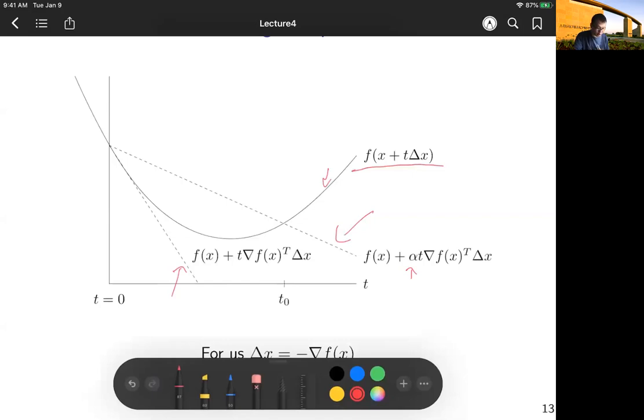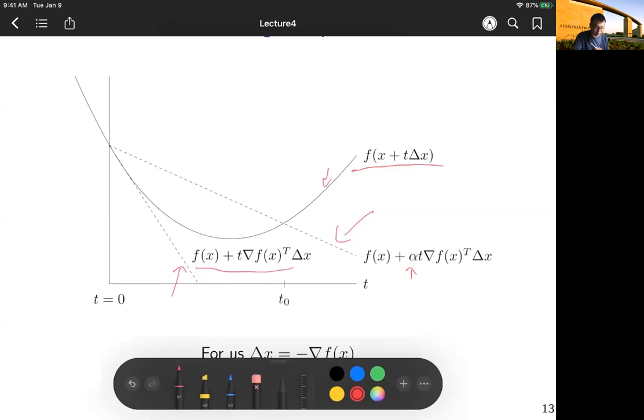So notice that by the definition of convexity, we know that this line is always a lower bound of this convex function, simply by the definition of convexity.